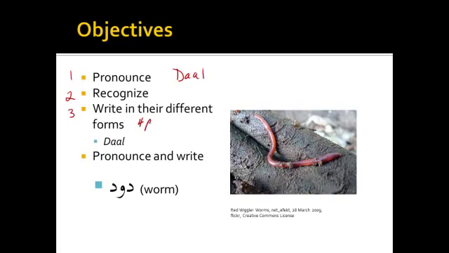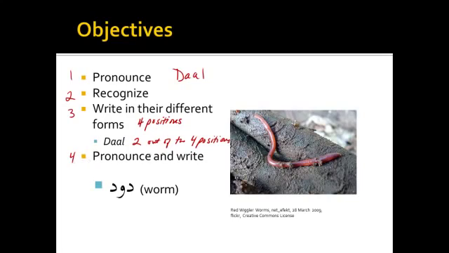And remember, there are 4 positions that relate to Arabic letters. Now the daal, like the alif we discussed before, and the waw, only has 2 out of the 4 positions. It has 2 forms out of the 4 positions.